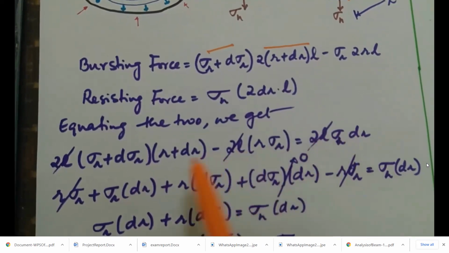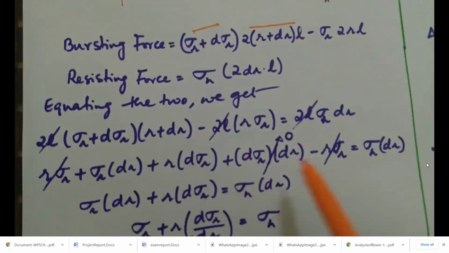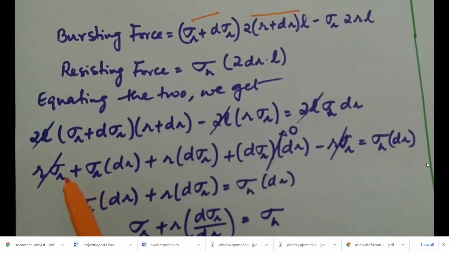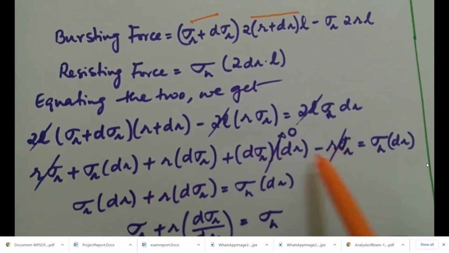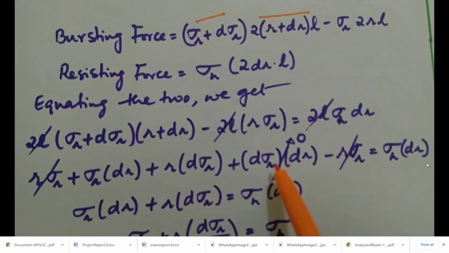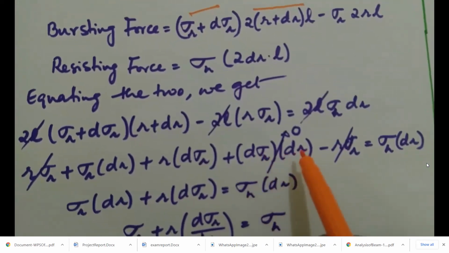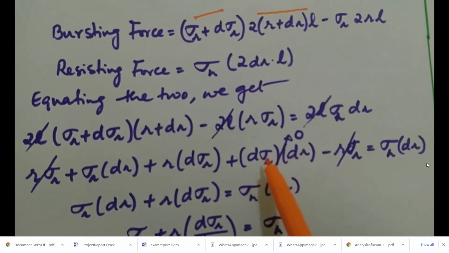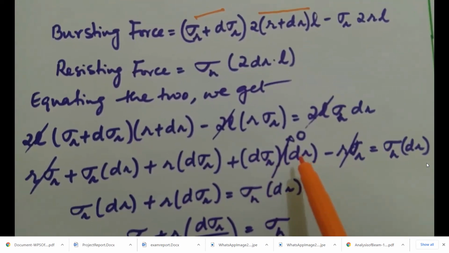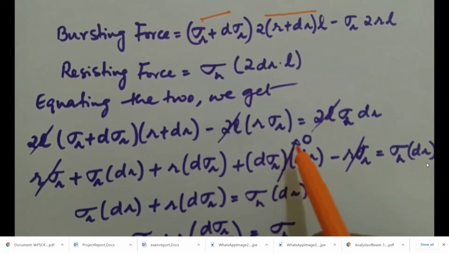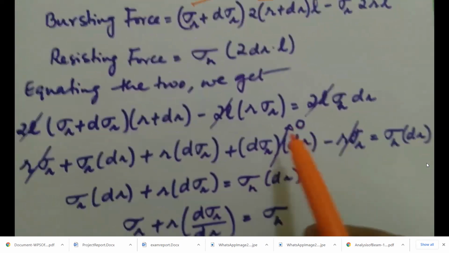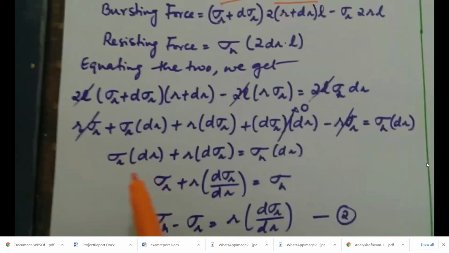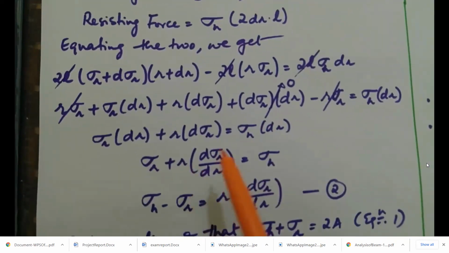The 2L's get cancelled, and then upon expanding you get these terms. Notice r sigma dr minus r sigma dr get cancelled, and the product of d sigma r and dr, d sigma r is small, dr is also small, so the product becomes even smaller, that can be equated to 0, and then we are left with these terms, and we rearrange these.